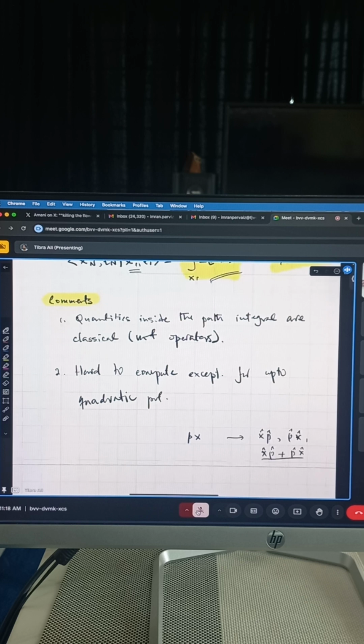We have these different orderings, and classically all of these things are the same, right? So yeah, I don't know the answer.